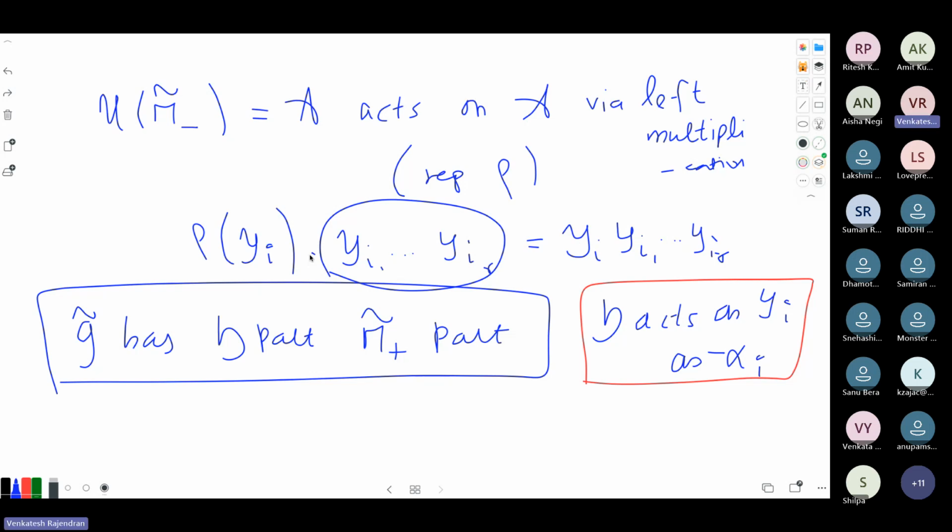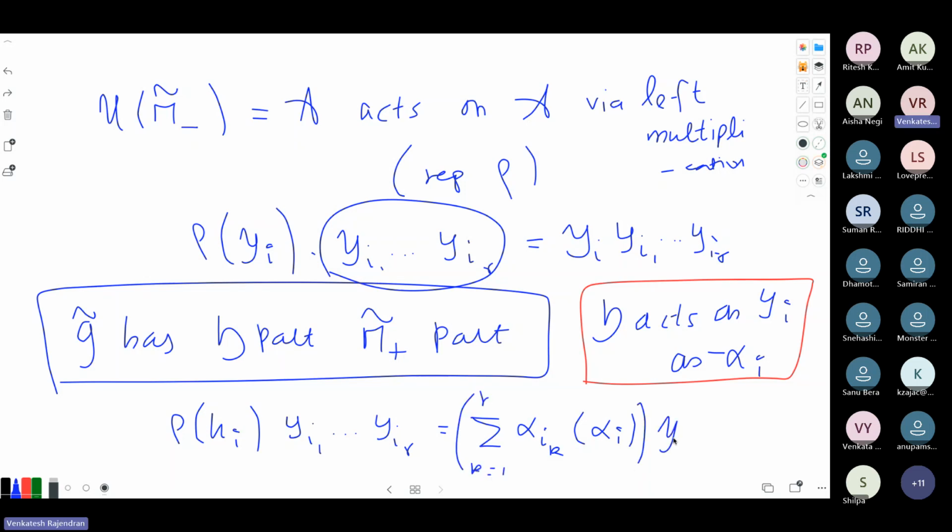That is the formula that you write: rho of hi on y_{i1} etc. y_{ir} is nothing but the summation over k from 1 to r of minus alpha_{ik}(hi) times y_{i1} etc. y_{ir}. So the H part is also going to act via this summation.